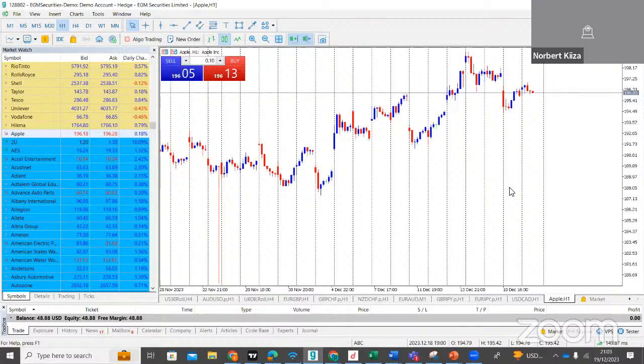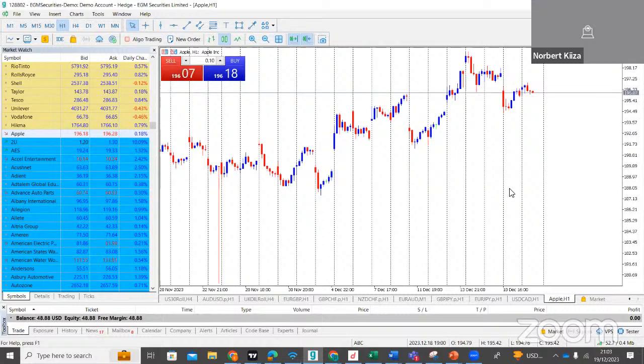However, due to the fact that you would trade contracts for difference on our platforms, the margin would be anywhere between 5% up to around 100%. Let's say the margin requirement for Apple stock is 5%.